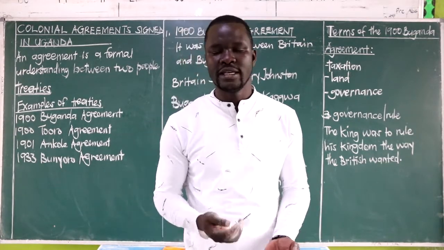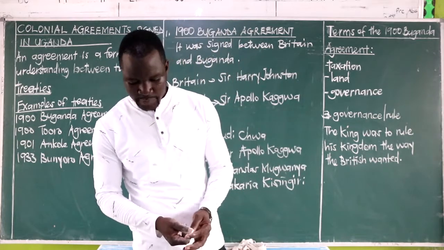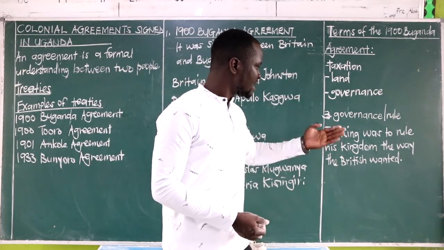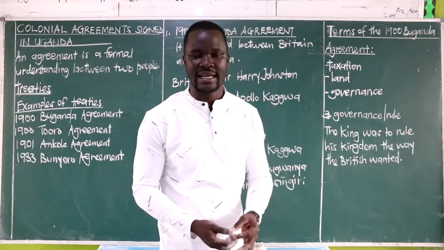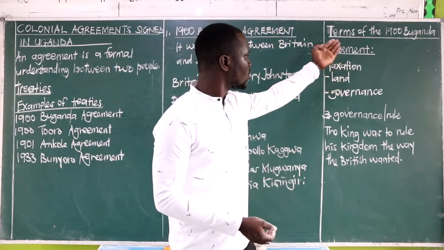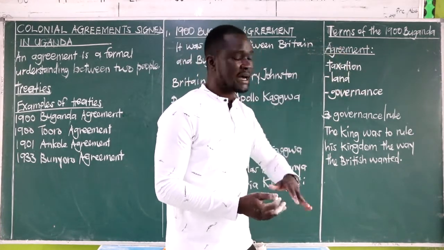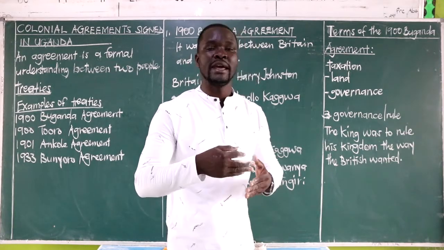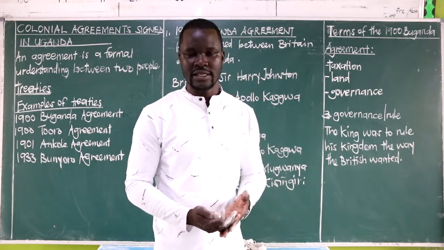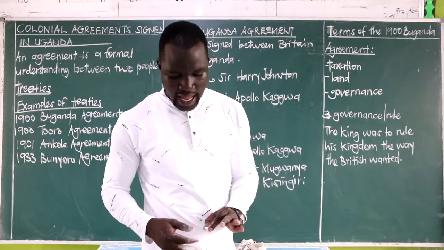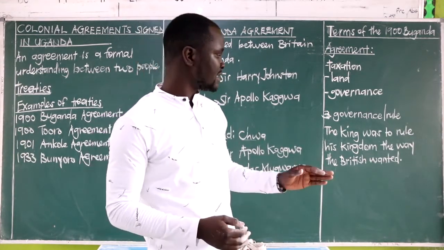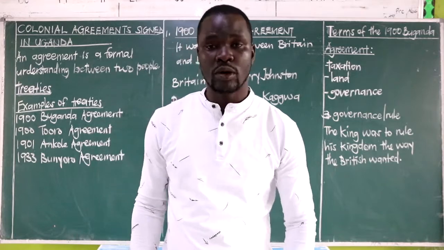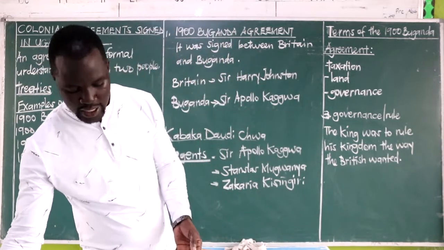He could not make his final decisions. That was very bad, in that we shall be asked how it affected the Kabaka. How did the 1900 Uganda agreement affect the Kabaka? It affected him in a way that he could not make his final decisions. Instead, he was to rule the kingdom as the British wanted. So that is about the terms of the 1900 Uganda agreement.